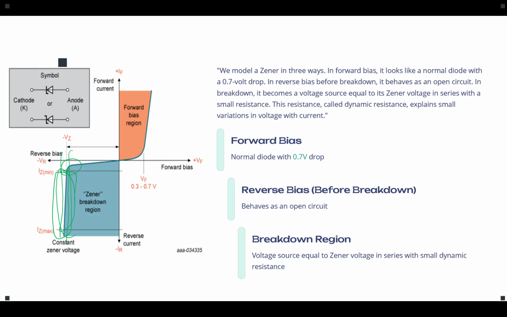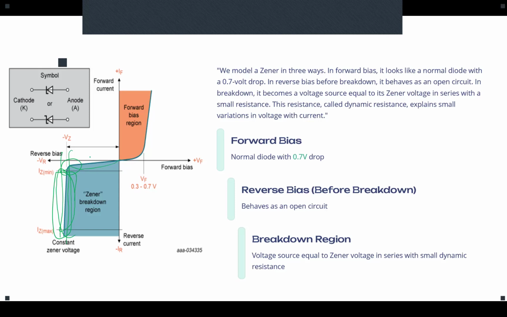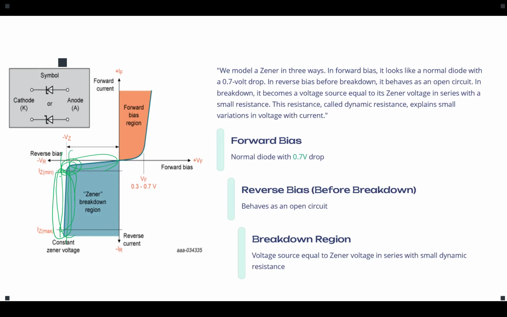Are we good? If you look at these characteristics, in this linear part and in this exponential part, we cannot guarantee that goal. The voltage still changes significantly with the current. That means if we want to use the Zener diode as a voltage regulator, we need to avoid those.